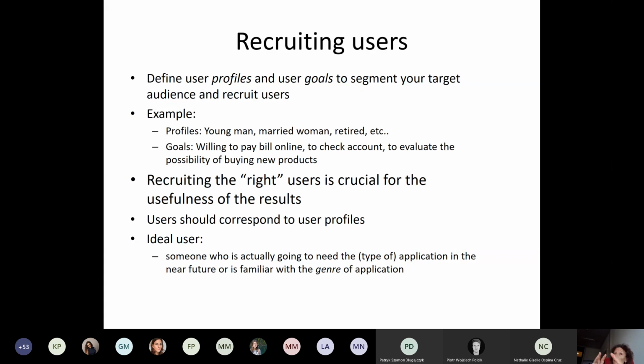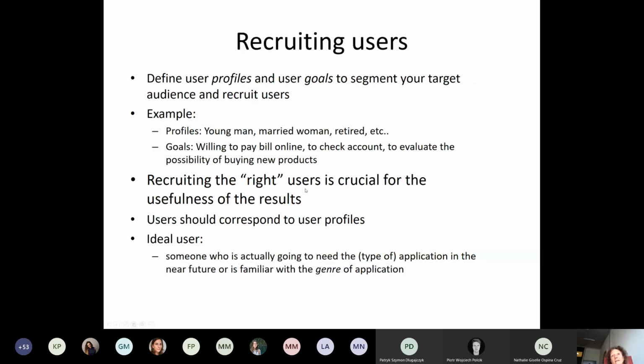They're very different goals. And if you recruit users and you tell them you have to look for an accommodation, then of course the tasks that you design should be related to this part, even though you can decide to also add tasks on the general skiing information of the area. So try to figure out exactly what your profile is and what is the main goal of your user.